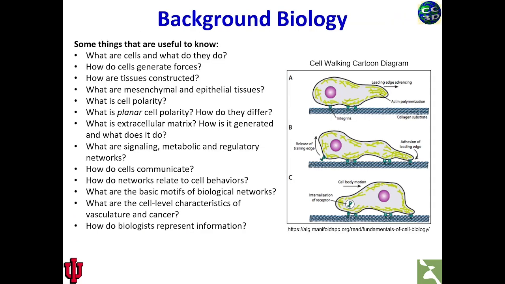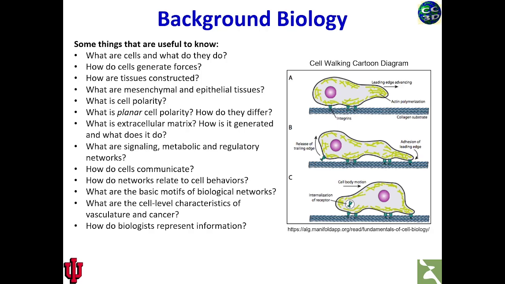So a little bit about background biology. We're not going to go into all of these in great detail, but these are just some questions, up here more to assess your own familiarity with the key underlying biology.